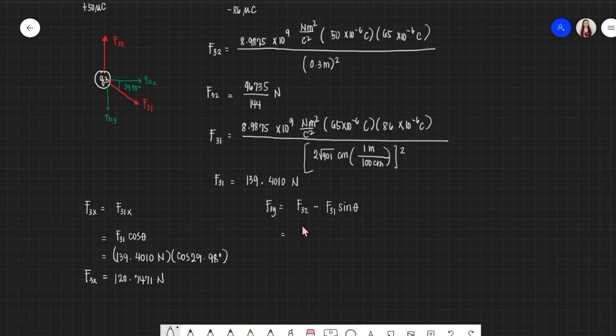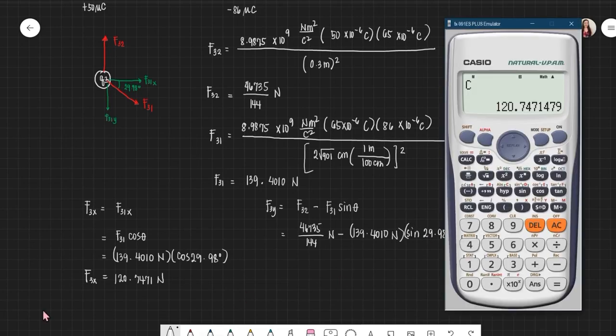So F32 is 46735 over 144 newtons minus 139.4010 newtons sine of 29.98 degrees.